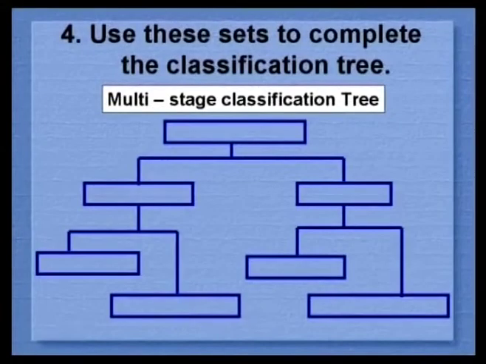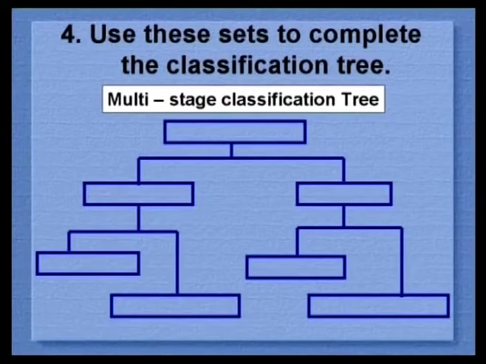I'd like to have group one. Group one, if you can show us what you have done with the classification tree. Thank you. We have Samuel. Samuel is going to tell us about the tree they've drawn.